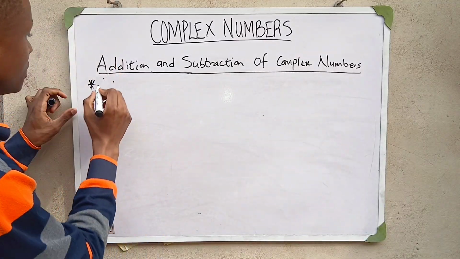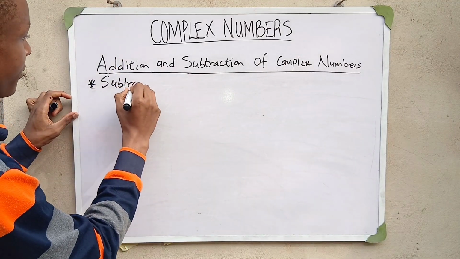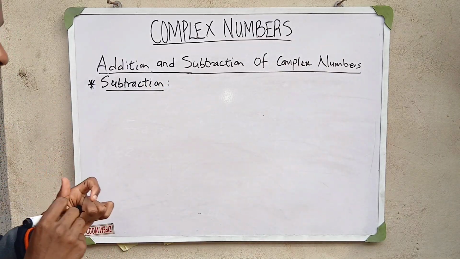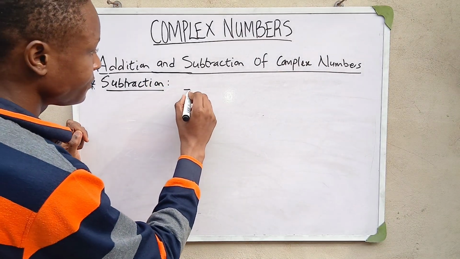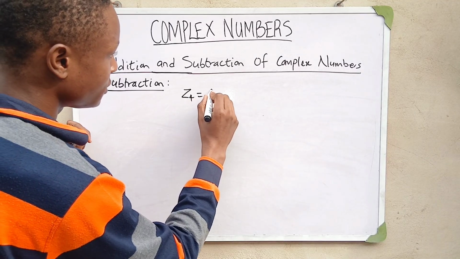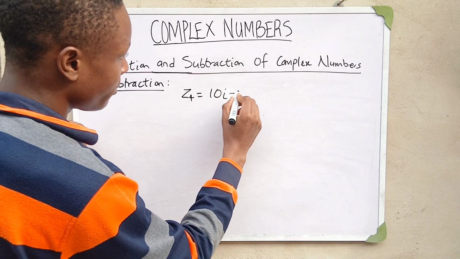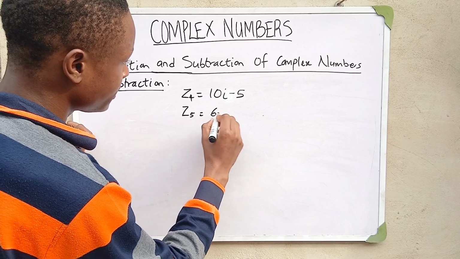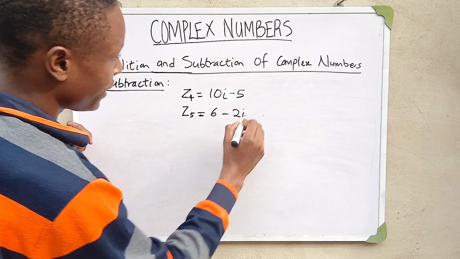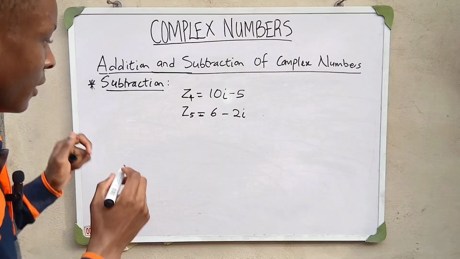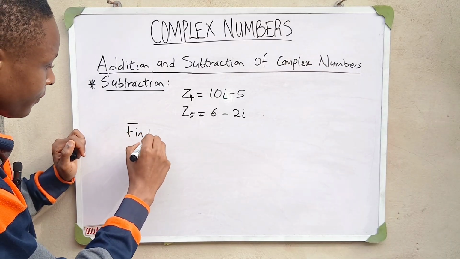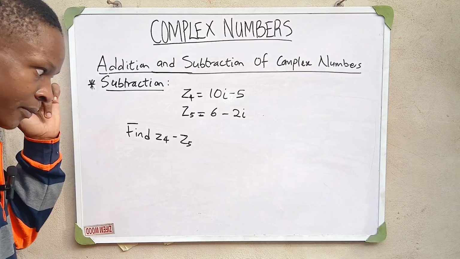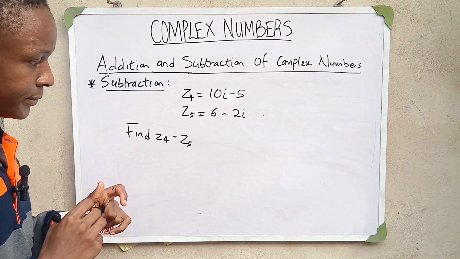Now we'll be going into the subtraction of complex numbers. If we have z4 is equal to 10i minus 5 and z5 is 6 minus 2i, and we want to find z4 minus z5, what are we going to do here?